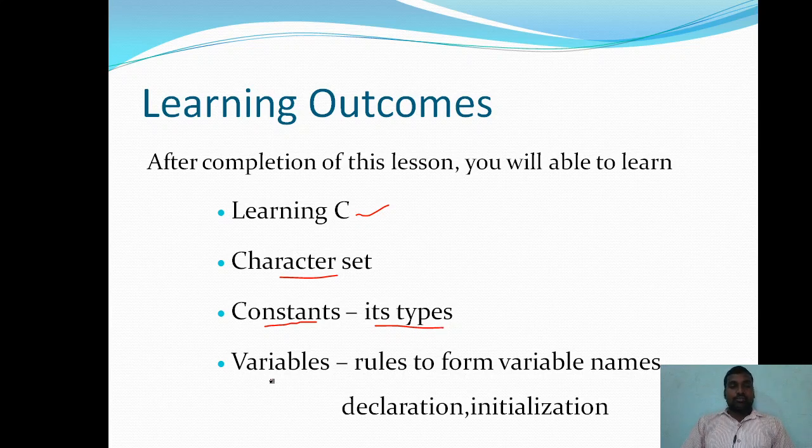Then, at last, we are going to learn what a variable is, the different types of variables, and the rules to form variable names. And finally, how to declare and initialize these variables.